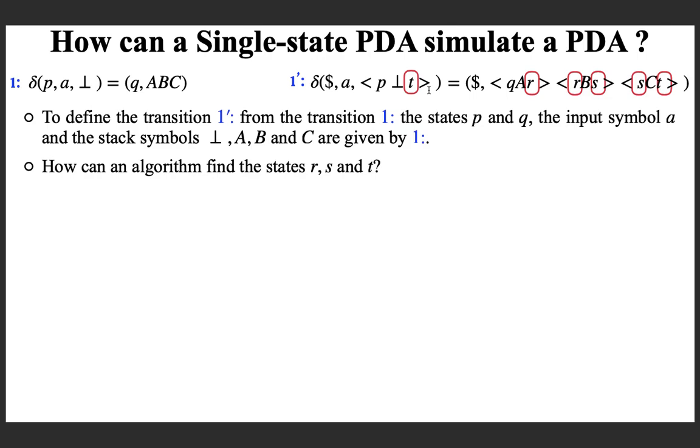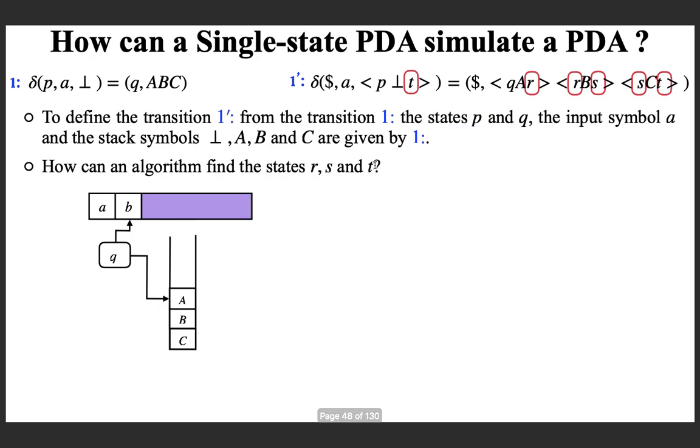The question is, P is defined by this state of the original transition function, A is the same input symbol, and what is this bottom symbol? This is exactly the bottom of stack symbol from the original transition function. And what is not known to us is the states that you need here, here and there, and in this particular example it is R, S and T.